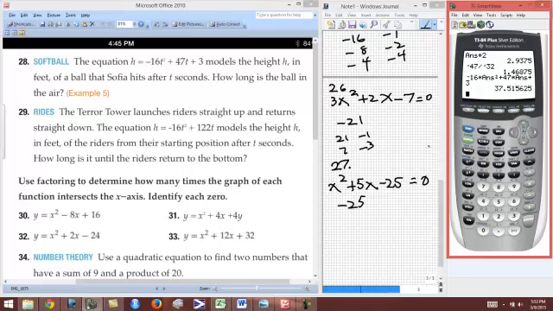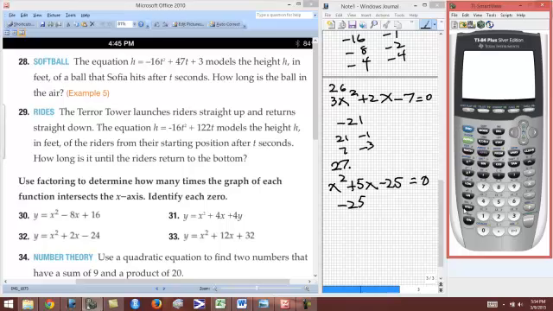Okay, this is the same old song with the same old story. So how long until it hits the ground again? It starts on the ground, so the starting position is 0. All we're going to do is take the vertex, because h is 0. Let me clear this.